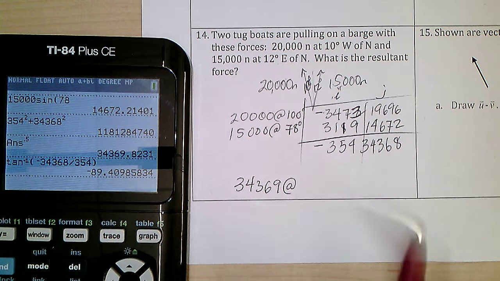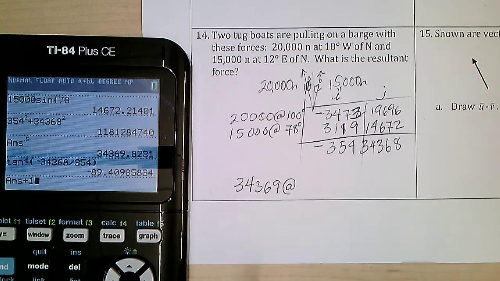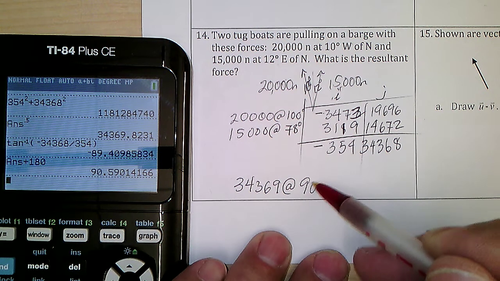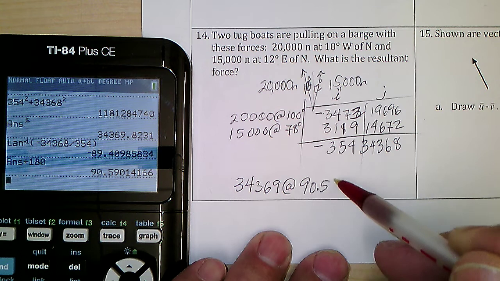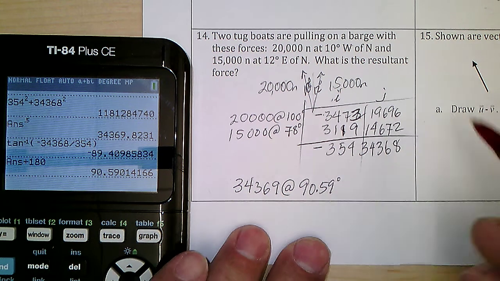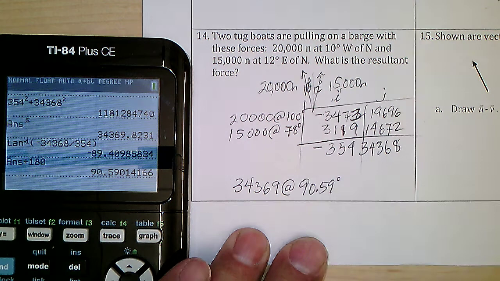And that's that. But since the x is a negative, I've got to go plus 180. And I get 90.59 degrees, which is just slightly 0.59 degrees east of north, or west of north.